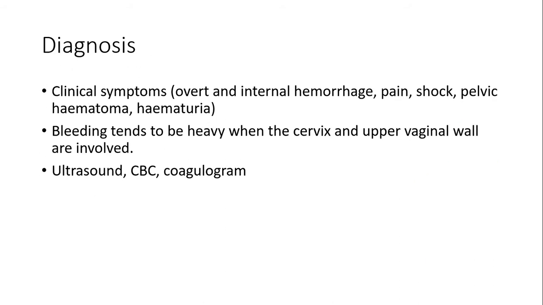The diagnosis of uterine rupture needs to be made quickly. How? By clinical symptoms: overt or internal hemorrhage, sharp pain usually in a specific place of the uterus, shock, pelvic hematoma, hematuria, because when the bladder is involved in the rupture, bleeding tends to be heavy when the cervix and upper vaginal wall are involved.